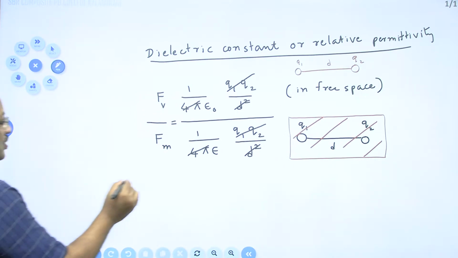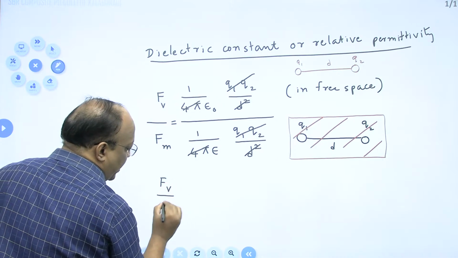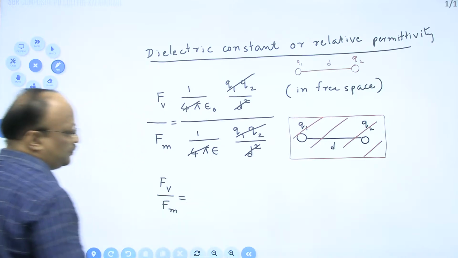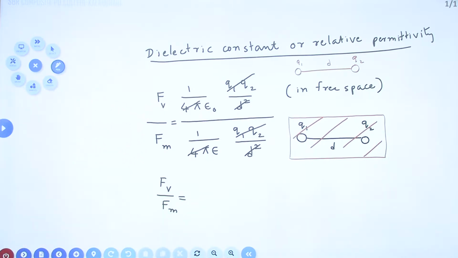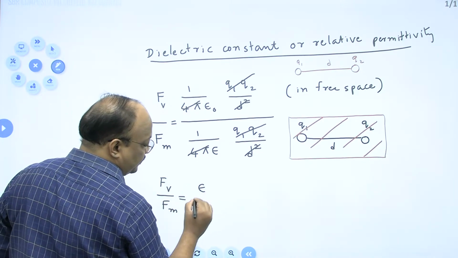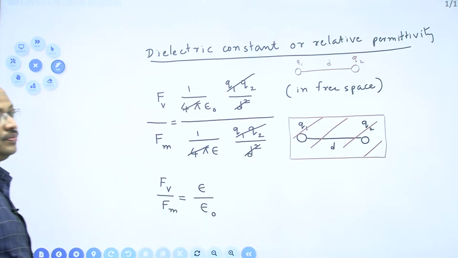So what is it? Fv by Fm will be epsilon by epsilon naught.